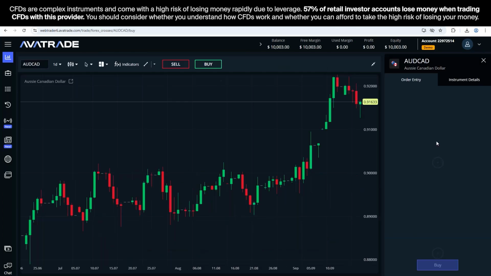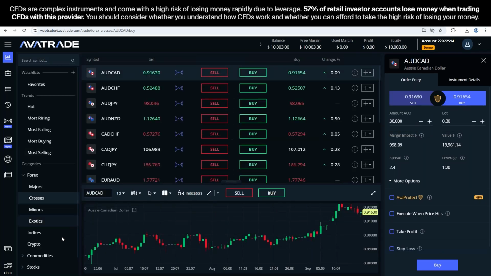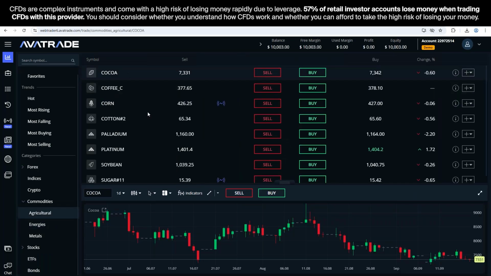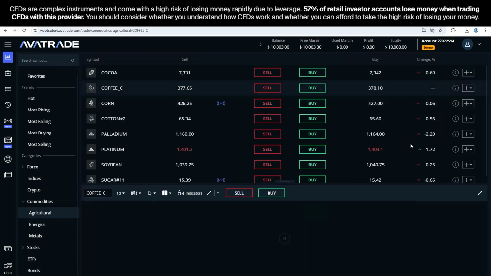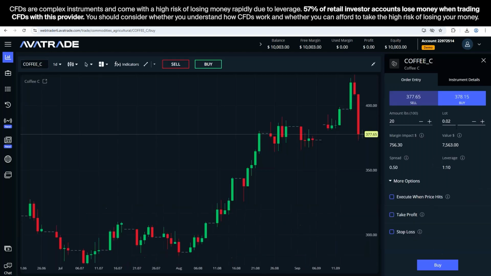When we jot down this margin impact, what does that actually mean? The margin impact is the value divided by the leverage. So if, for instance, I want to take one lot with coffee as an example, we click on buy, we click on the arrows, then in here we'll place one lot.